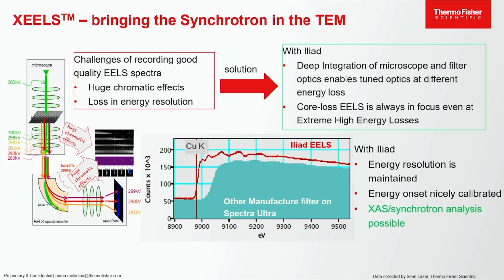And here is a nice example which Sorin, my colleague, took using another producer's filter mounted on Spectra Ultra here, and a copper edge also taken with Iliad EELS. You can first of all see that the onset is where it needs to be, but also the fine structure is really cool, right? You can see all these nice elements which tell you a lot about fine chemistry and fine physics of the materials.